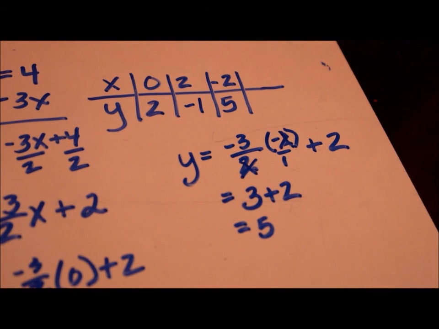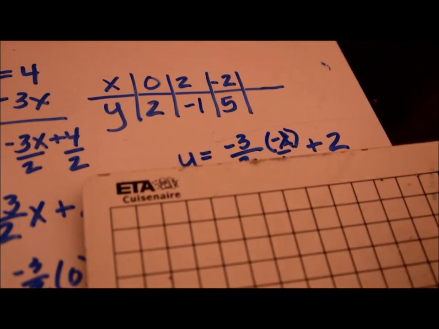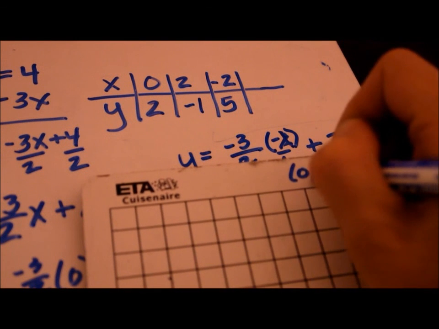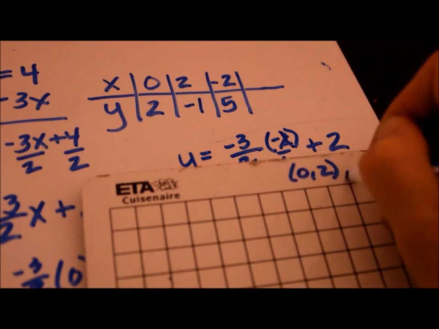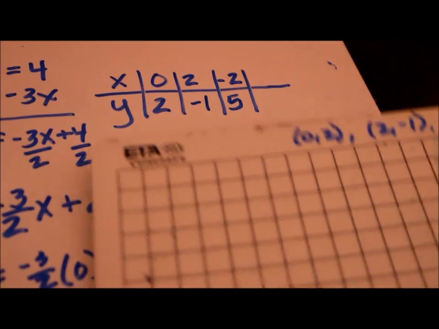All right, now I'm going to pull some graph paper over, or my graph whiteboard, okay? And I'm going to write on it our ordered pairs. We have 0, 2, 2, -1, and -2, 5. Okay, that's what we got from our chart.